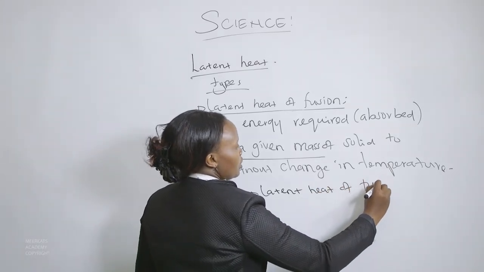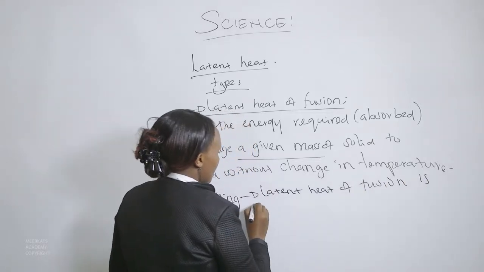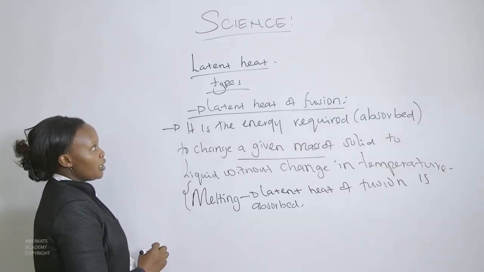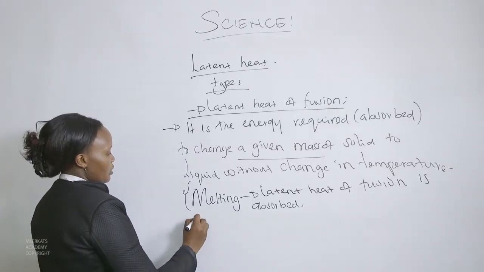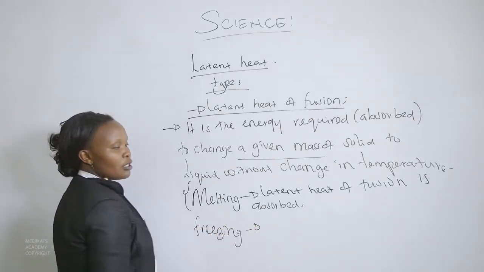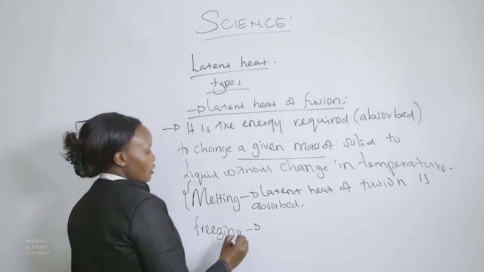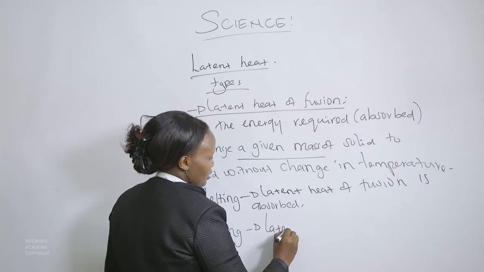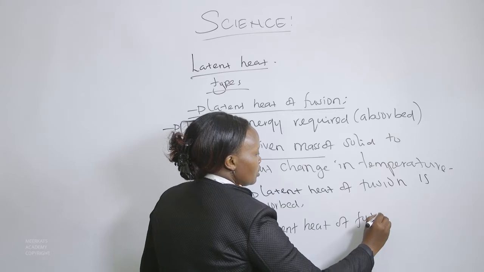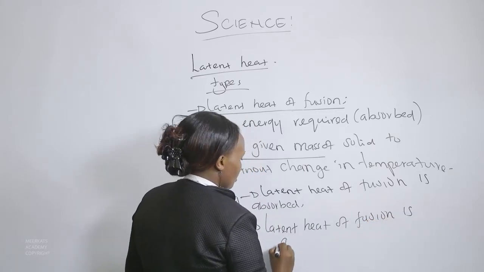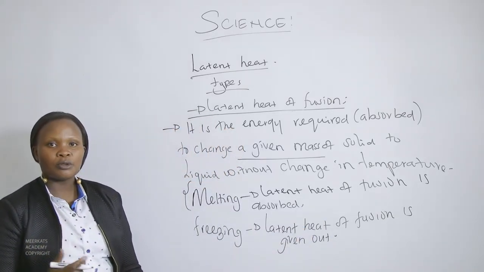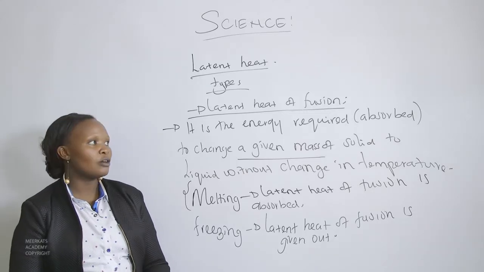Now, when we want to freeze, the process of freezing, this one involves giving out latent heat of fusion. So there are two processes that will involve latent heat of fusion.